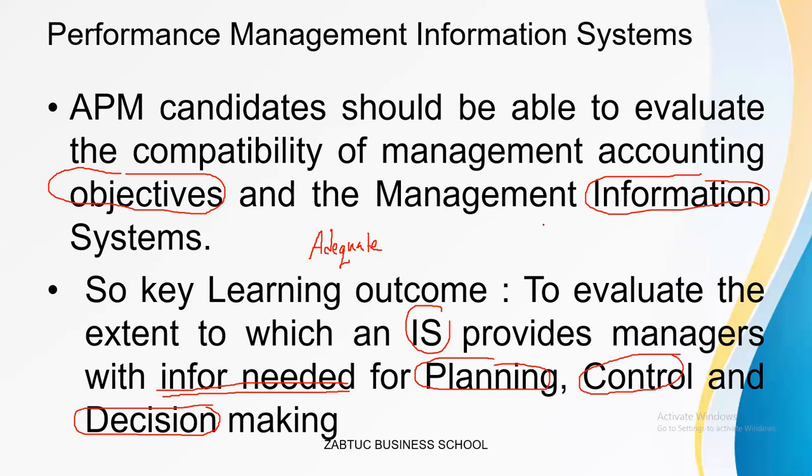Do you think that your current information system gives information which is in line with your responsibility accounting structures? What do you think? Does it reflect your responsibility accounting structures? These are the questions that the examiner wants us to be able to talk about and give advice on or comment on.